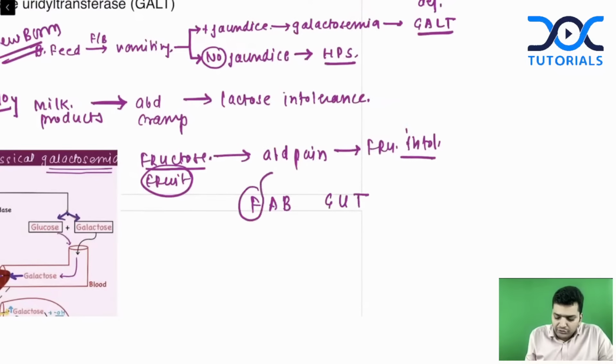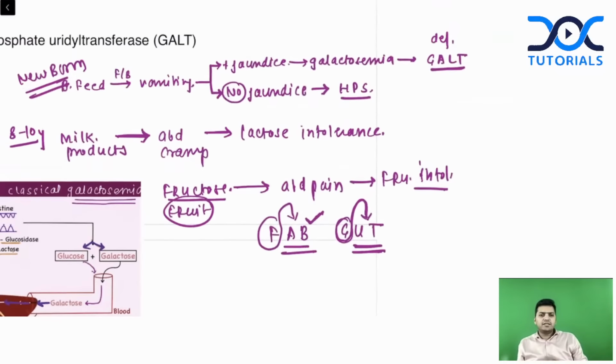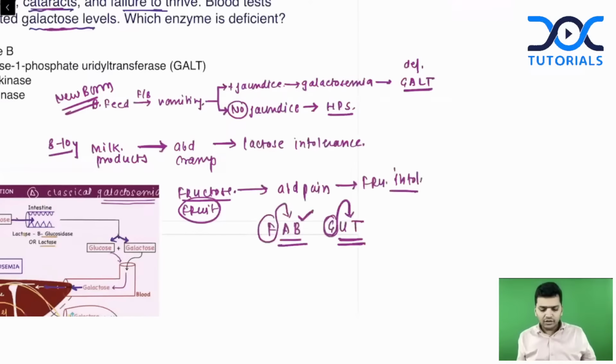Fructose intolerance is due to deficiency of aldolase B. Galactosemia is due to deficiency of uridyl transferase. So these are the important diseases which are very similar, and the examiner always tries to confuse between them. Okay.